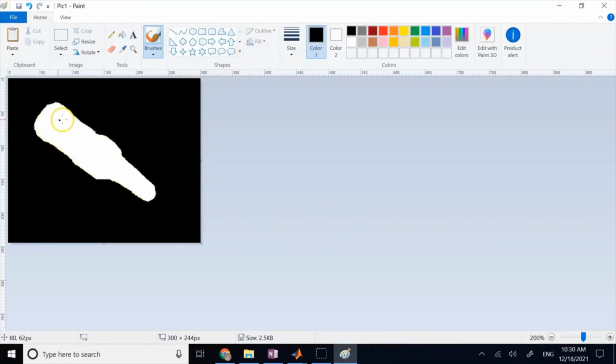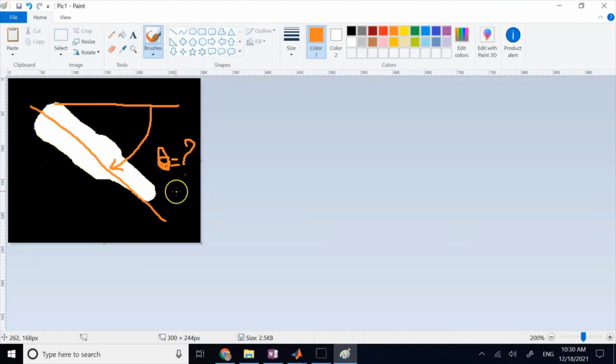I made it black and white, but made the bottle white and the background black. And here I want to know what angle it is that I need to go from the x-axis, which is like here, to basically the main axis of this bottle. So if this angle is theta, what is this theta? That's the orientation of this blob here.